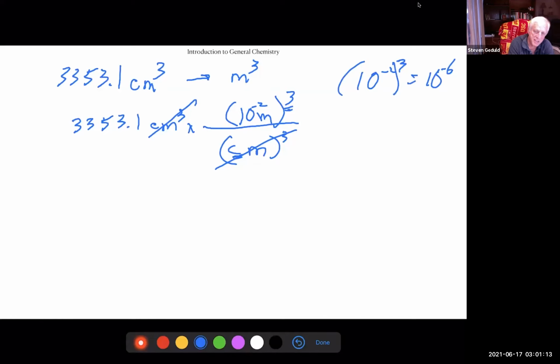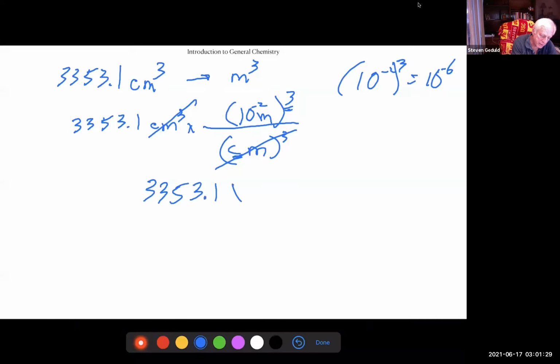So when you raise that, you multiply by those numbers. Okay, so we end up with 3,353.1 times 10 to the negative 6 cubic meters.